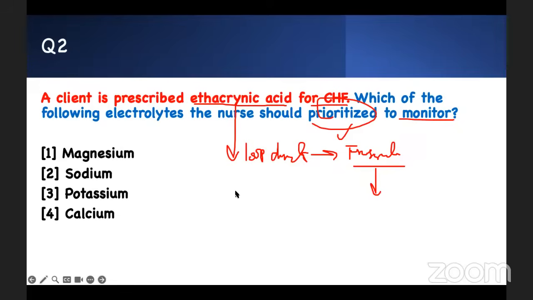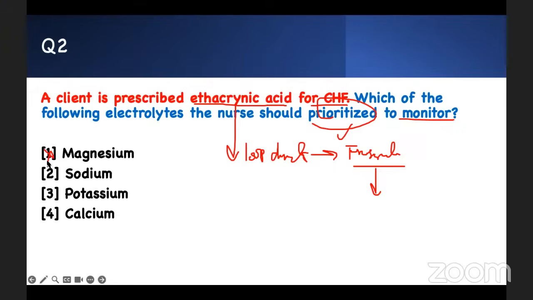So what are the things you should worry about? The most dangerous thing about furosemide, they get dizzy, orthostatic hypotension. It's a sulfur drug. But the most dangerous one is hypokalemia and what? Stevens-Johnson syndrome.